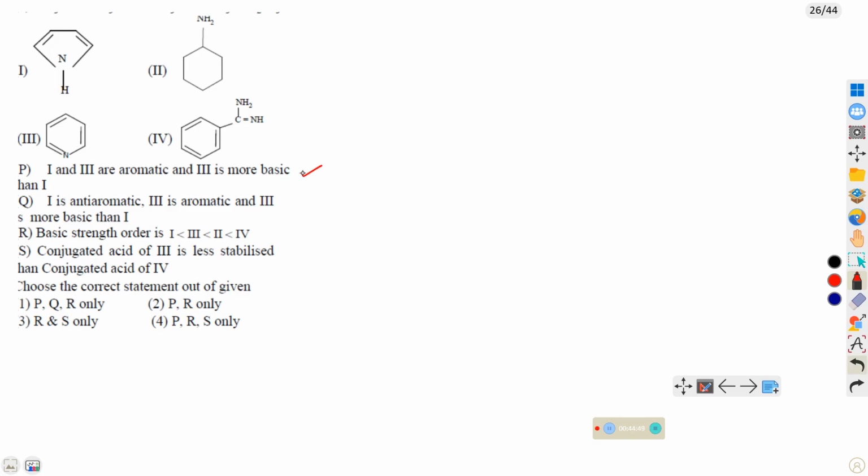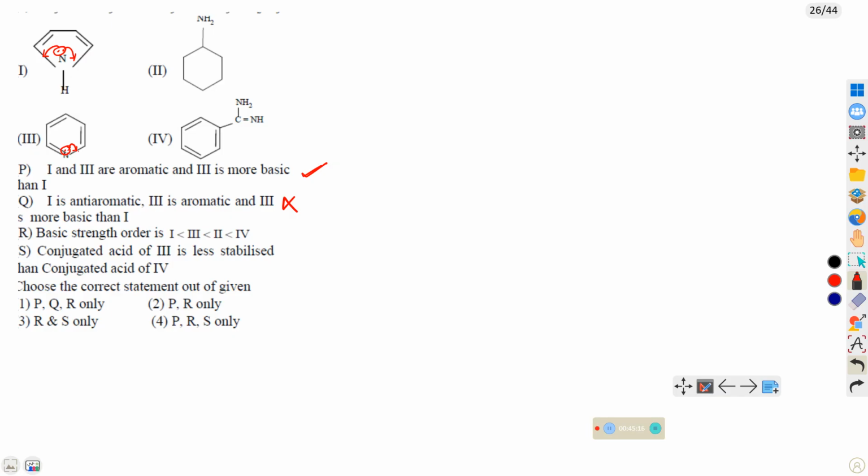Correct. 3 is more basic than 1 because here this is pyrrole, able to donate a pair of electrons on the left side as well as the right side. More resonance is possible. Here it is able to donate a pair of electrons only on one side. One is anti-aromatic. No, wrong. Pyrrole is an aromatic substance.